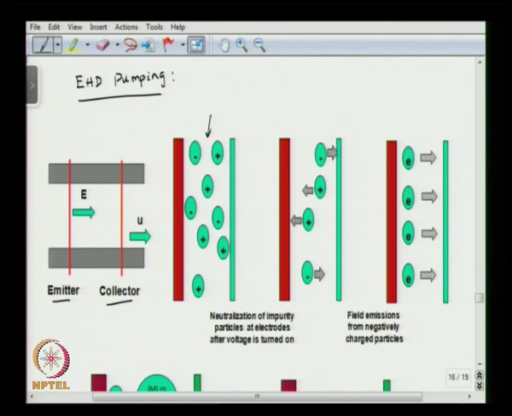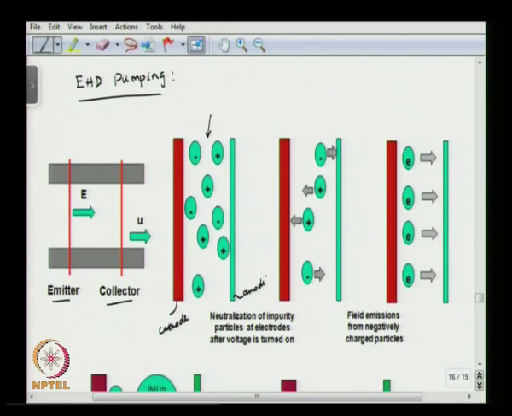Now, if you apply a field between the emitter and collector, the positive ions will migrate towards the negative electrode, this is the cathode or emitter, and this is the anode.